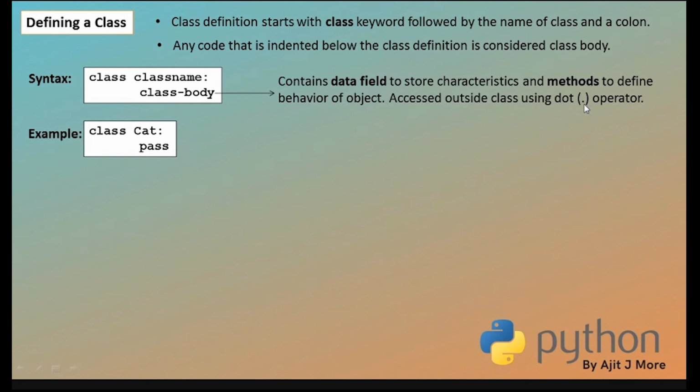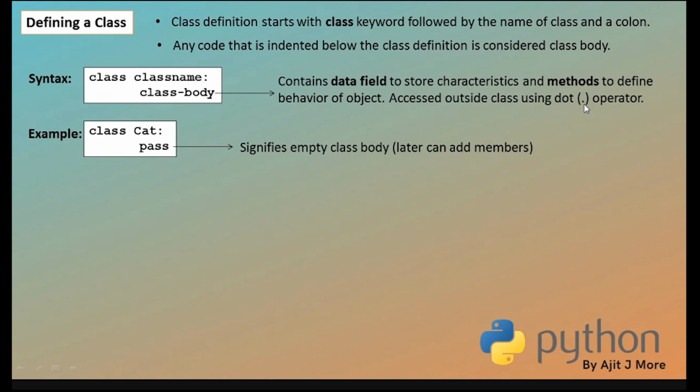See how the things are a little vague or surprising, which you haven't studied in other languages, but here it is possible. Okay, I'll show you the illustration, then you'll recognize it. So what is this pass signifying? It signifies that it is an empty class body. And why have we kept it empty? Because to later add members in it. So Python allows you to first create an empty class, and then after that you can add members in it.